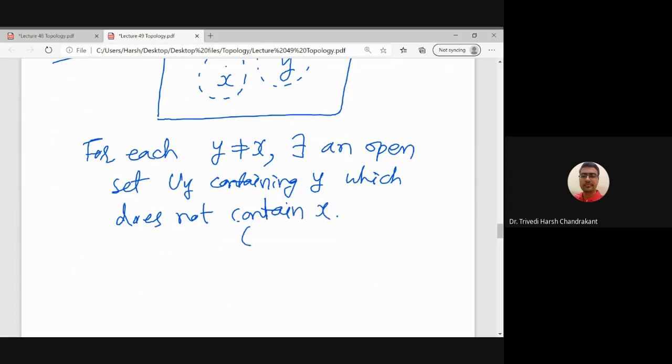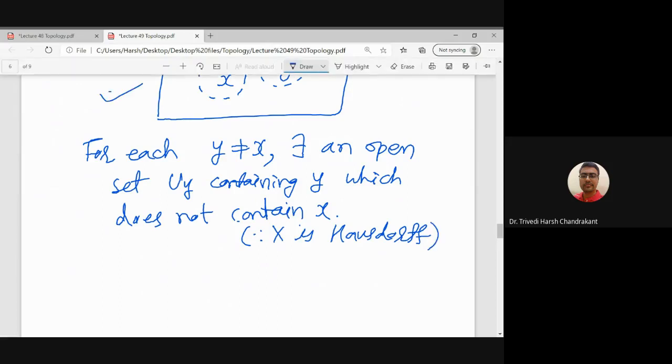So this follows because X is Hausdorff. We are using this property that X is Hausdorff. So for every element Y which is different from X, we have a neighborhood around that point. So this will give us that the complement of singleton X is an open set.